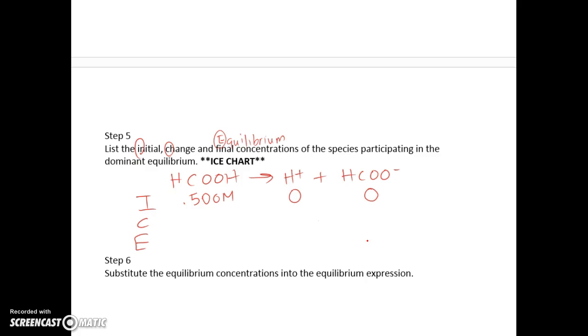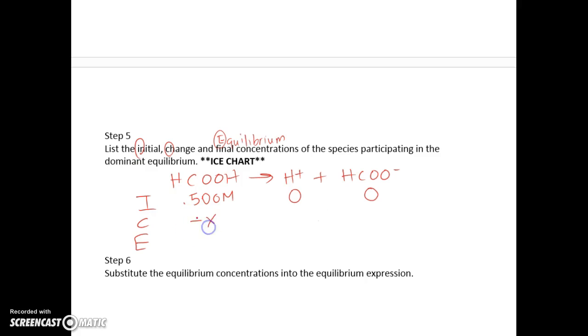But a weak acid, which is 99% of what we're going to be dealing with, only some of these are going to break apart. The question is, how many of them are going to break apart? Well, we don't know. We have no idea. And so that makes this problem kind of hard, but in some ways kind of easy. When we don't know something, we call it x.